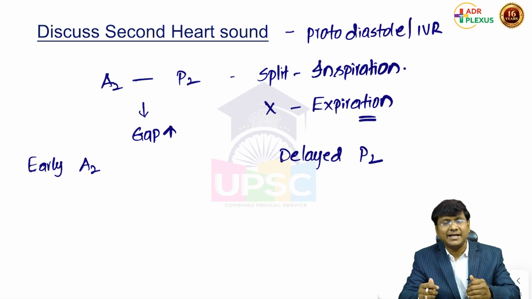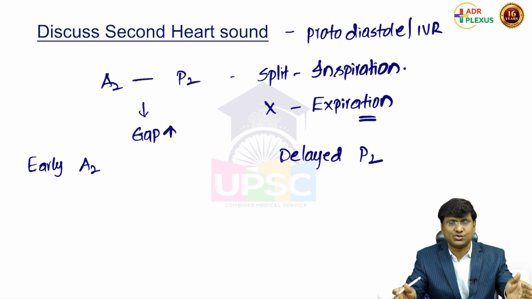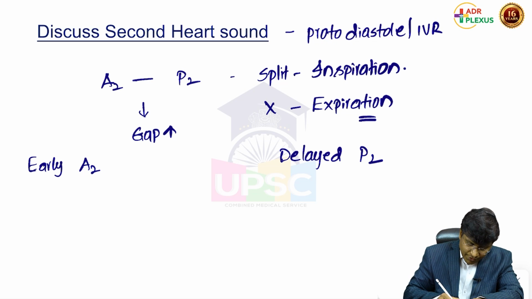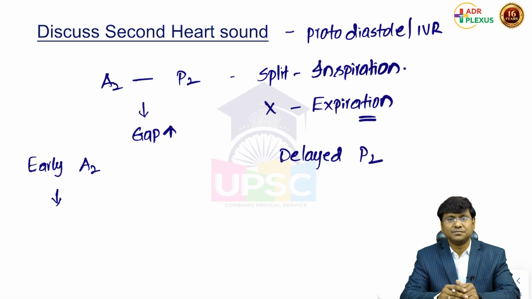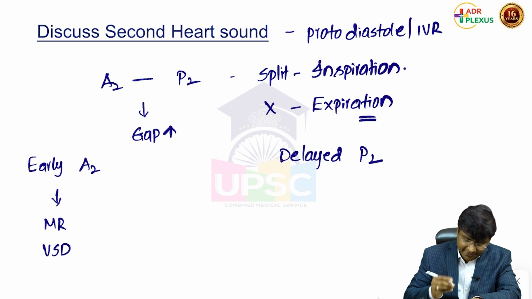So due to early A2 or delayed P2, you will have a wide split S2, right? Now take the early A2. Early A2, you come across in patients with mitral regurgitation and ventricular septal defect.